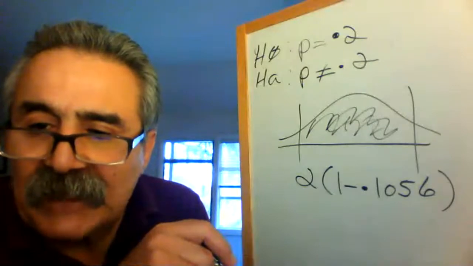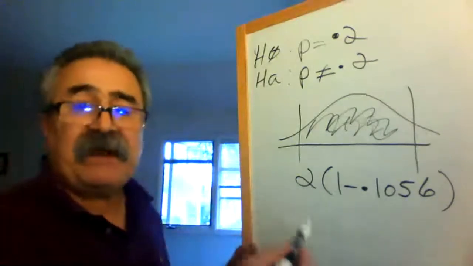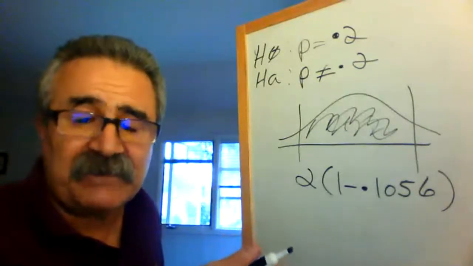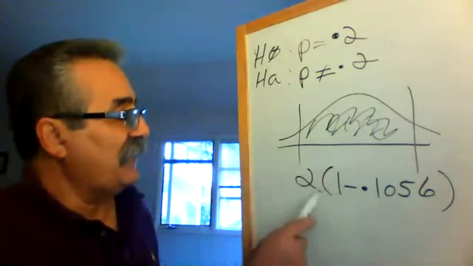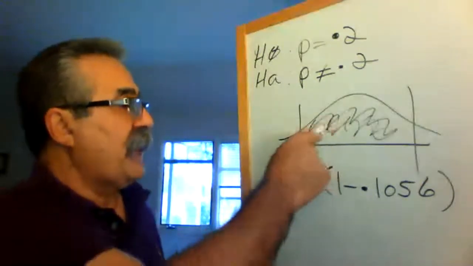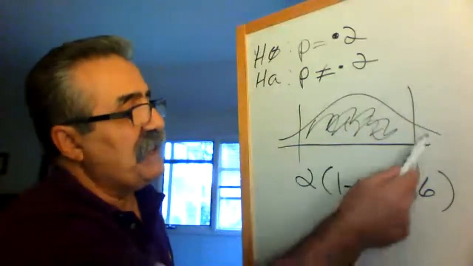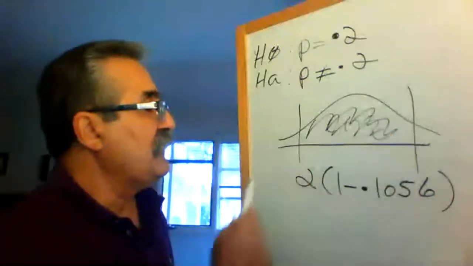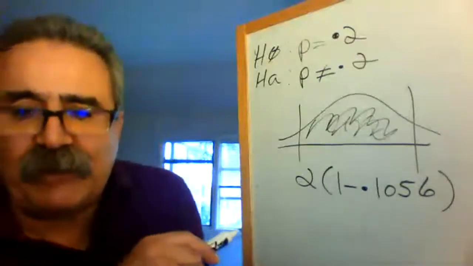If I did this, I probably made a mistake, but I've been trying to tell you that this is the area in between. The whole thing is 1, with 0.1056 in here and in here, but the p-value is 0.2112. You are correct.